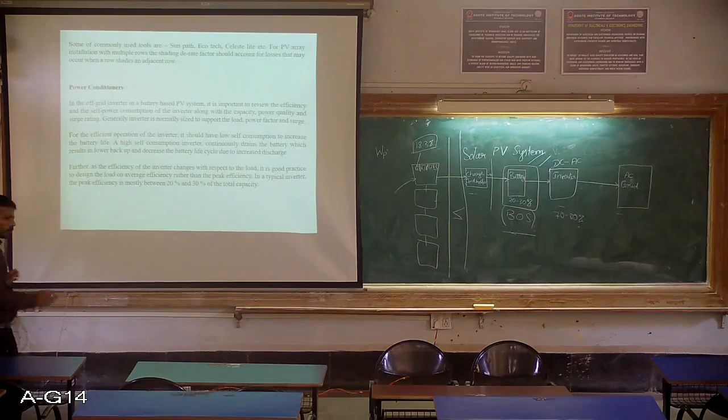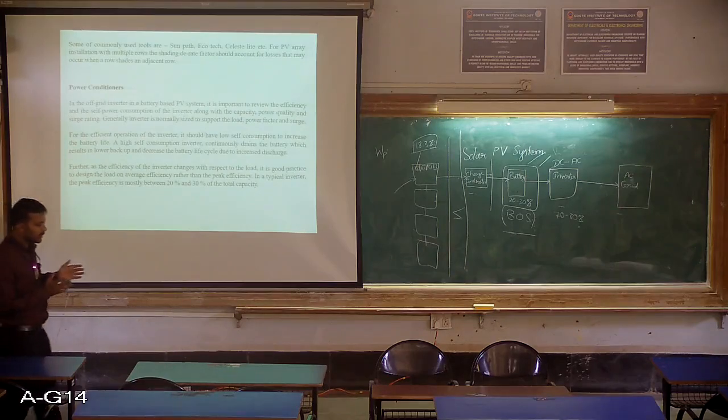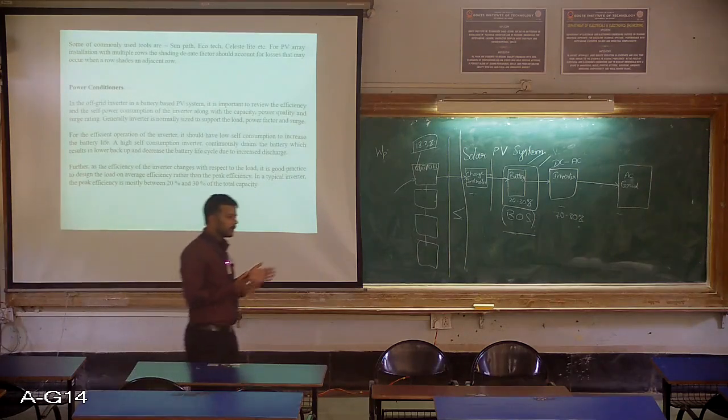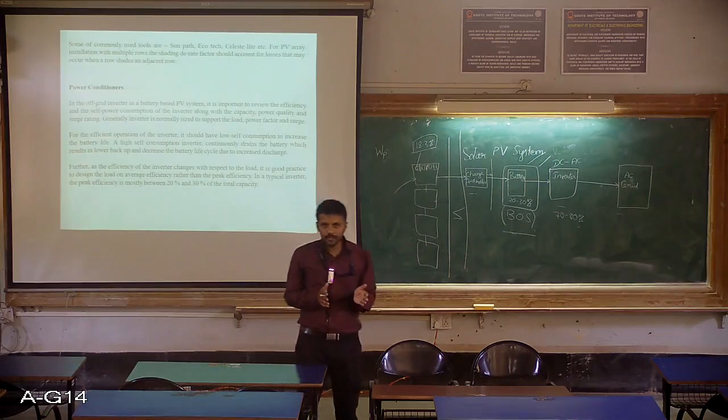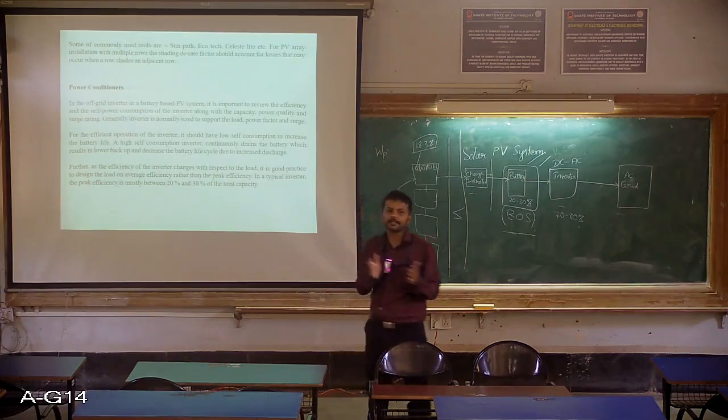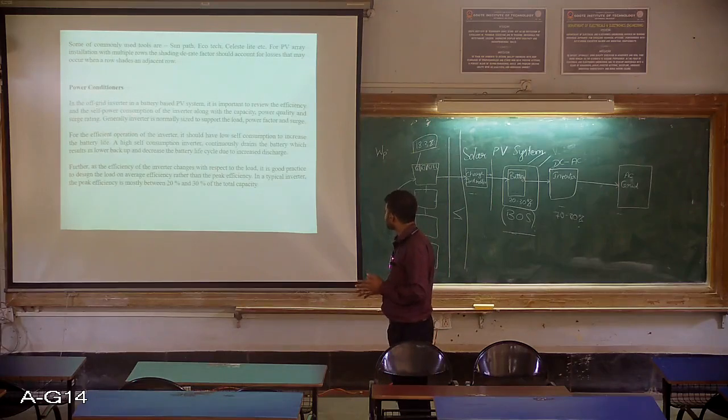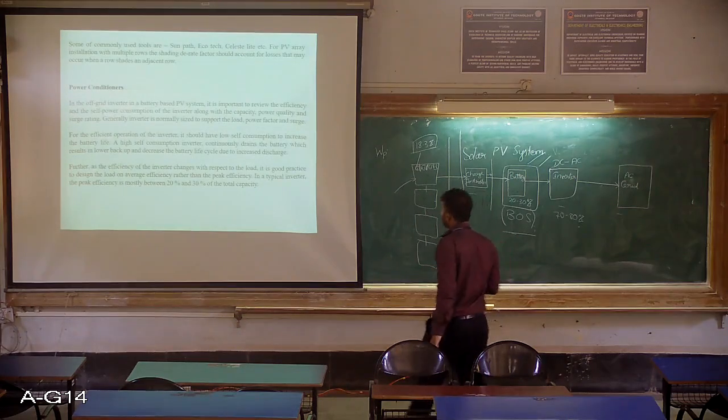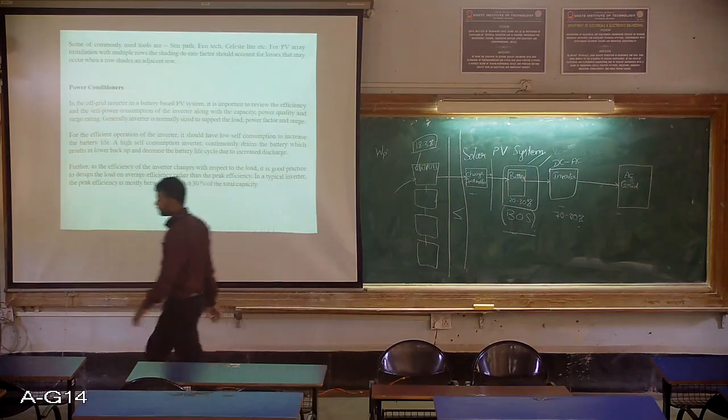Overall system efficiency depends on the load also, so we should always consider average efficiency as the key factor to improve overall efficiency rather than the peak efficiency. In a typical inverter, the peak efficiency is mostly between 20 to 30% of the total capacity.